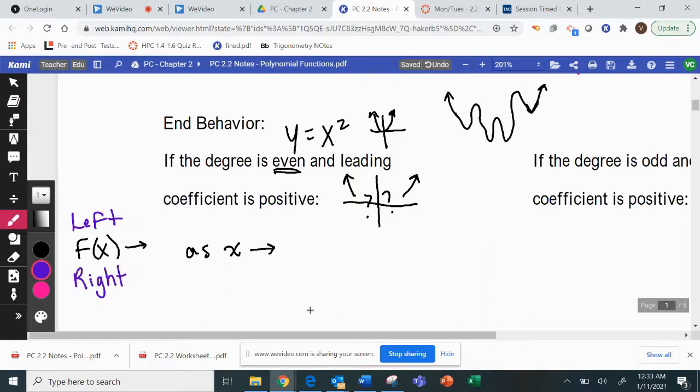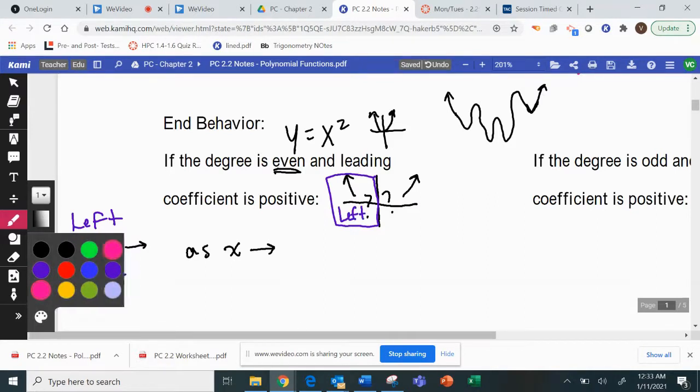So I'm going to look at the left side first. And I'm going to start with the X value. X is approaching which infinity on the left side? So you think about X. X going this direction is negative infinity. Then we're going to fill in the Y value, which is up and down.